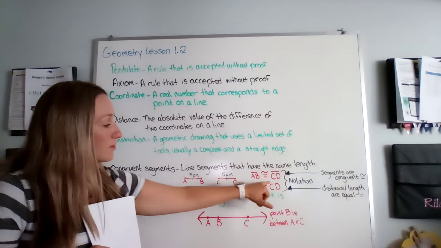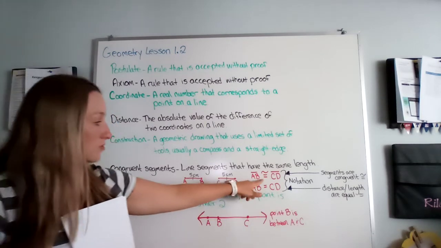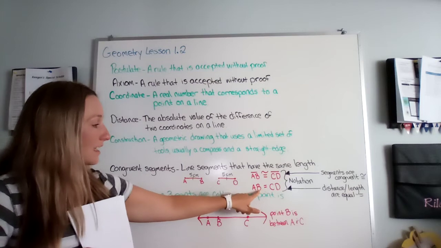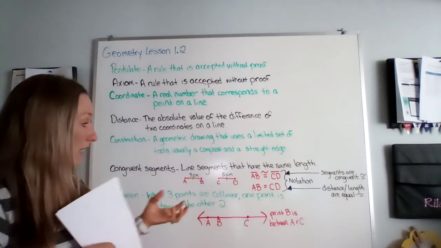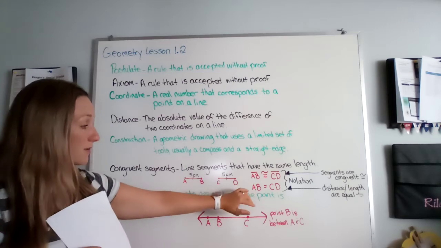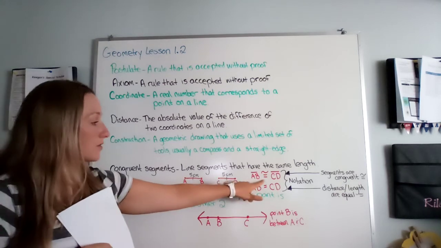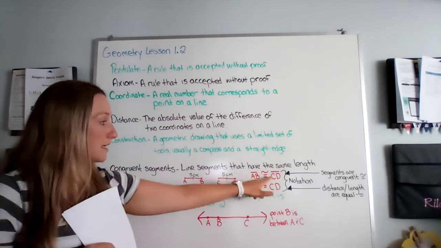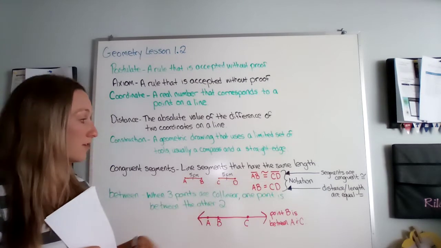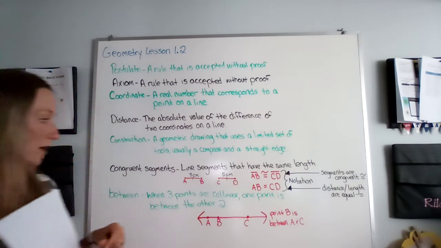When we don't have the bars over top and we're using the equality symbol instead of the congruency symbol, that's indicating the length or the distance because we're talking about the numeral, the number value. So again, it's basically kind of saying the same thing, but the notation is different. Here with congruency, we're talking about the geometric figures, the segments being congruent to one another. And here we're talking about the distances being equal to one another.